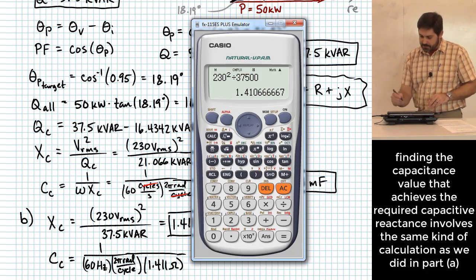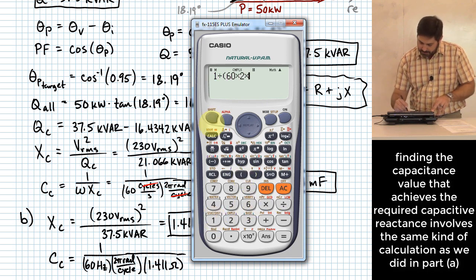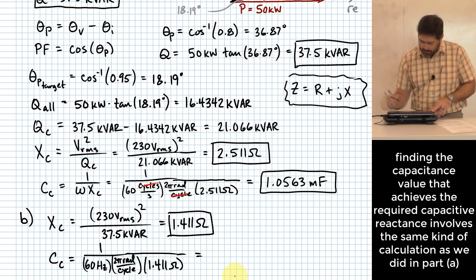I still have that as my answer there, so I'll just do it this way: 1 divided by 60 times 2 times pi times my answer. That gives me 1.88 times 10 to the minus 3 farads, or 1.88 millifarads.